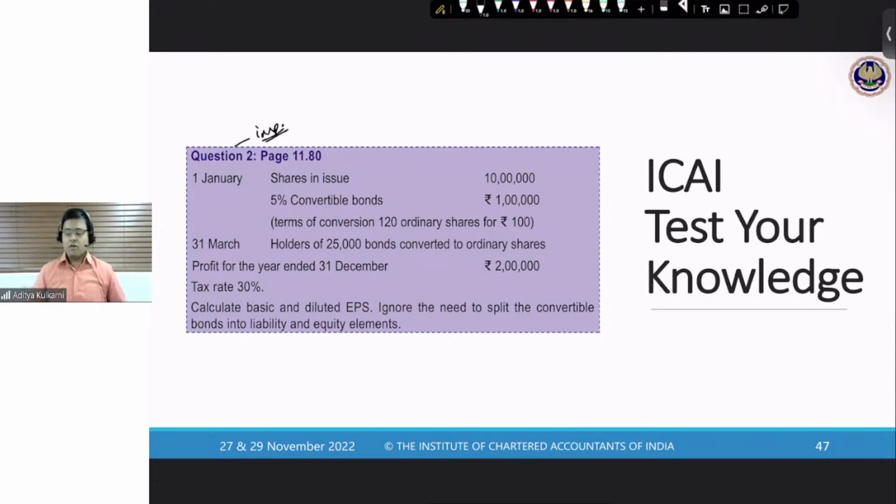Saksham has also given. All right. So take 5 minutes, read this, try it out by yourself, punch your answers in. I want you guys to be very careful. This should be holders of 25,000 bonds. Work it out.